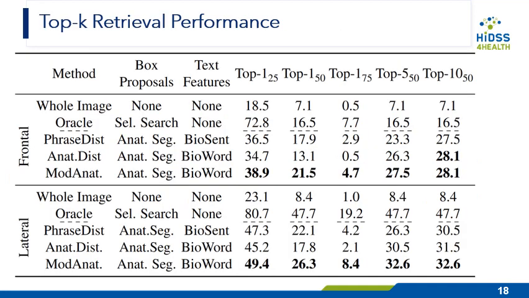We also evaluate the retrieval performance for our segmentation-based anatomy grounding baseline. The anatomy modifier plus anatomy features perform the best when based on BioWordVec, both for the frontal and lateral view for all top K retrievals and IoU thresholds.